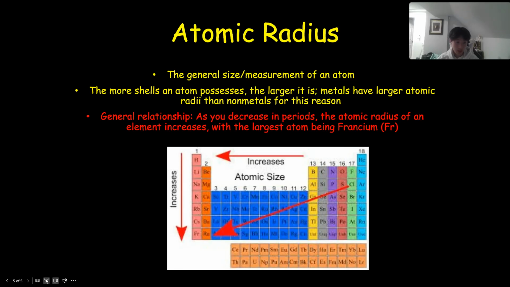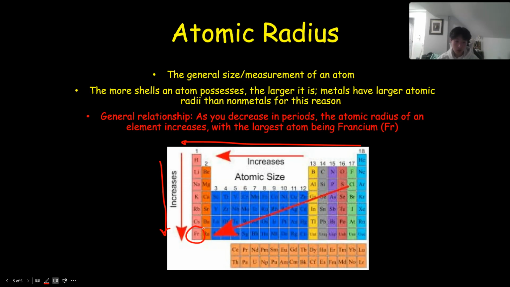So actually, as you go from right to left across a period and up to down across a group, that is when your atomic radius will increase. And for this reason, metals will have larger atomic radii compared to nonmetals, which should make sense.